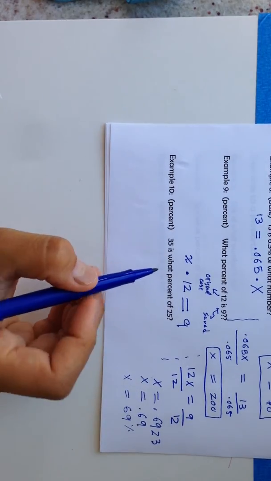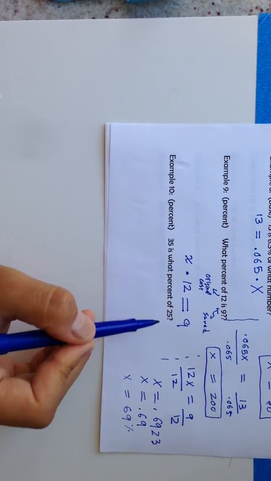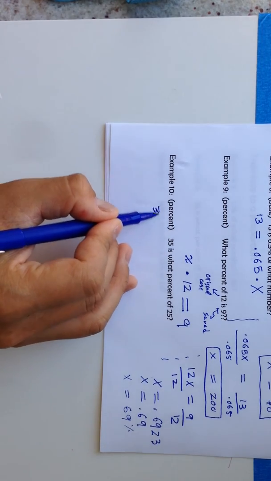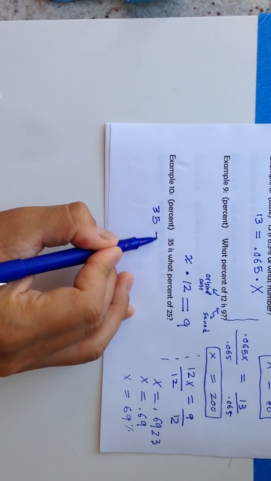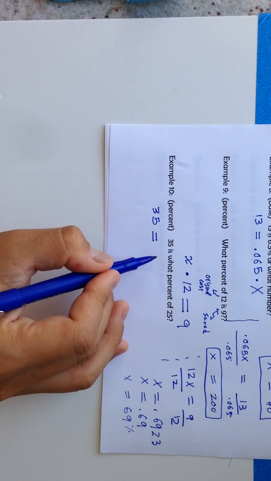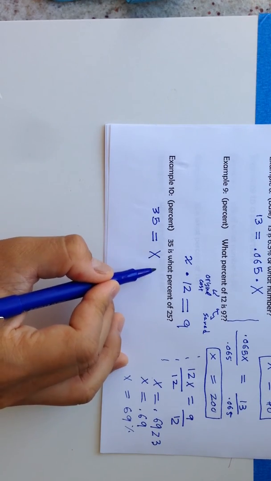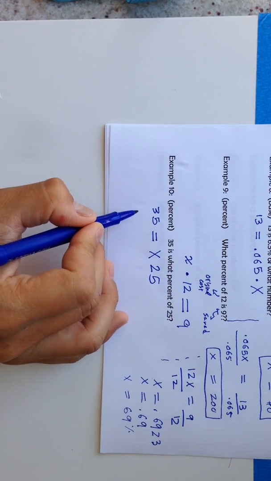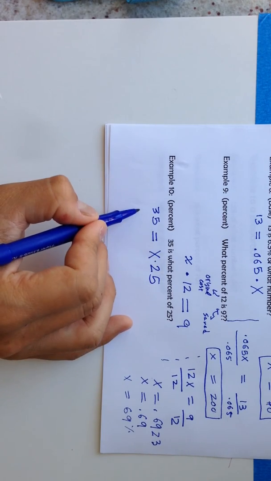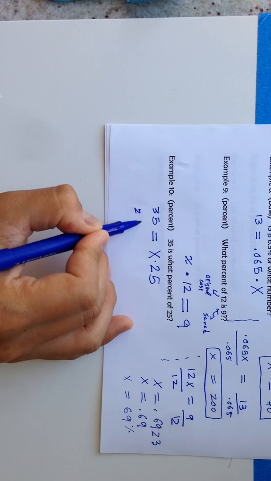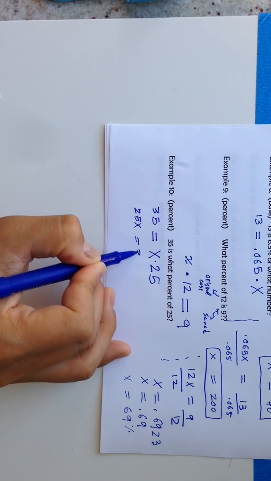All right, last problem. 35 is what percent of 25? So 35 is what percent of 25? All right, of means multiply. So write it correctly. 25x equals 35.